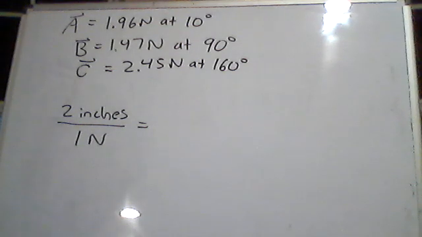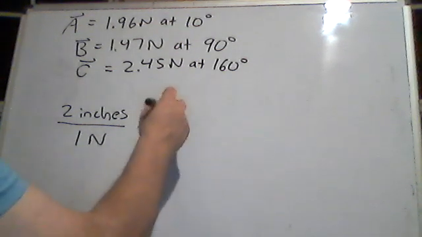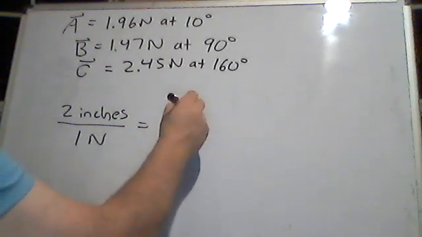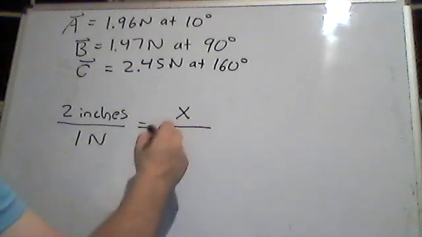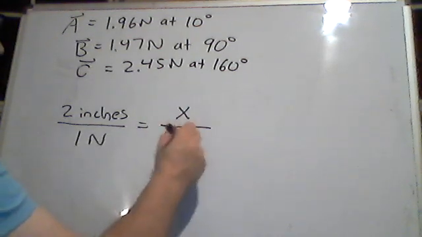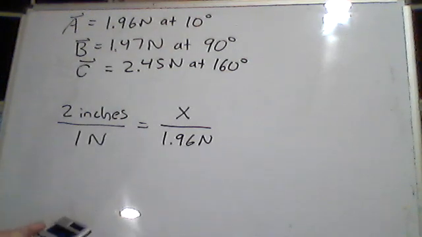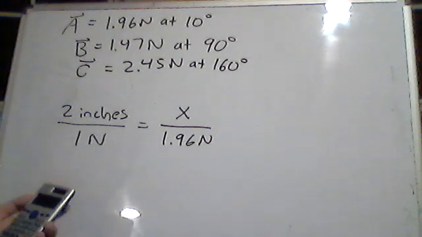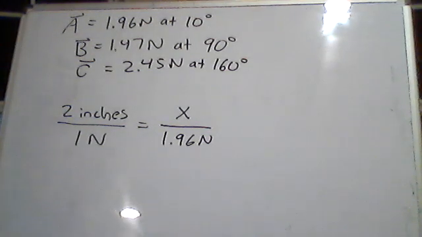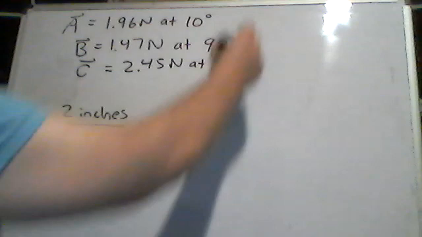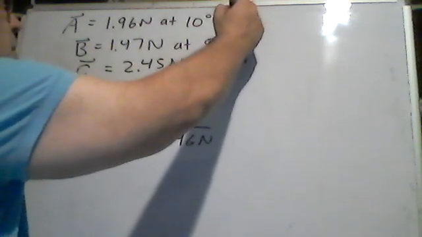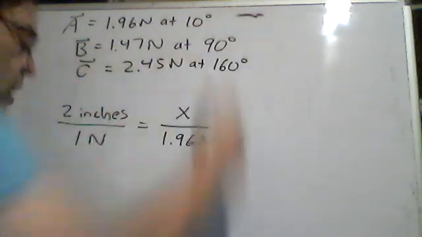All right. So again, we did this already. We said that was some length divided by 1.96 newtons. So effectively, it was multiplied by 2. And again, we said 1.96 times 2 was 3.92 inches. So again, my A, I'm going to put a little on the side here.